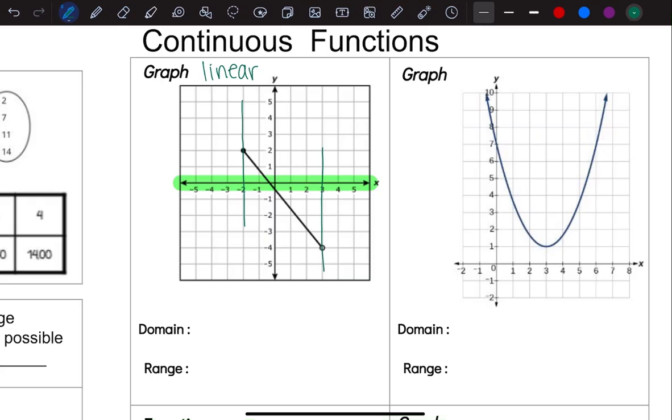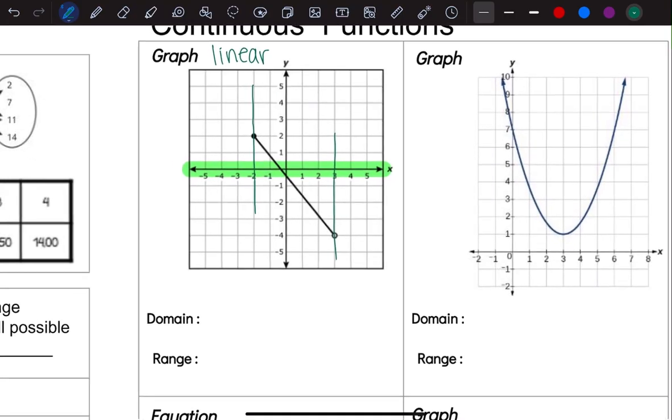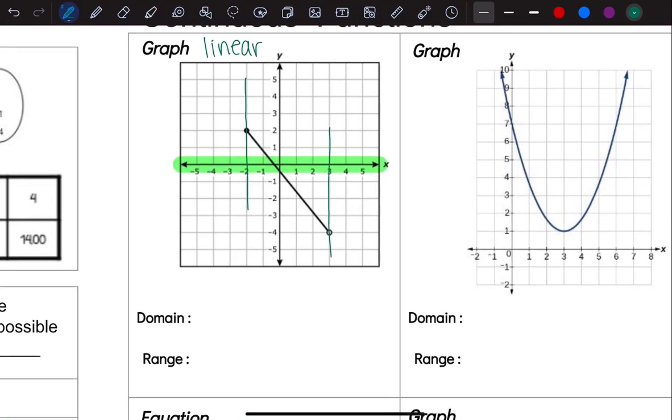When you write domain or range using inequality notation, you're going to start with your variable. So since we are looking at domain, our variable is X. We're going to put X in the middle. And then we have our inequalities.